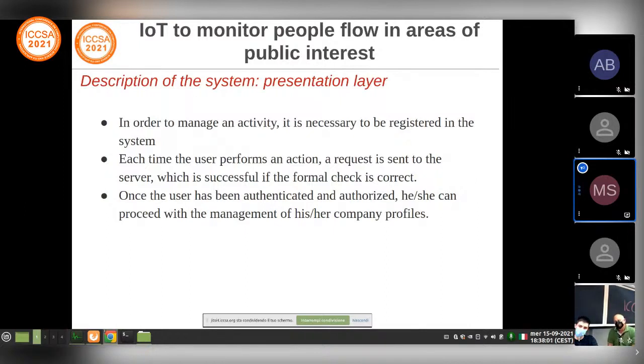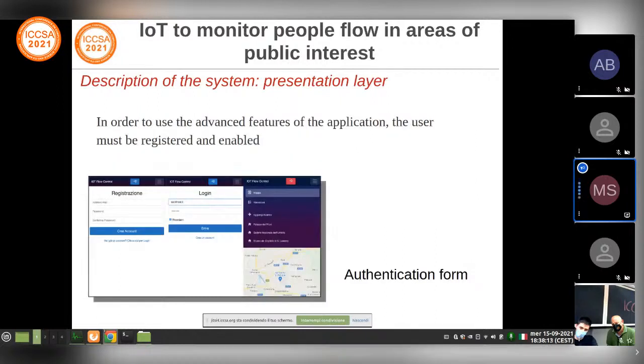Once the user has been authenticated and authorized, she can proceed with the management of her company profiles. In order to use the advanced features of the application, the user must be registered and enabled. And here in the picture, we have an example of an authentication form.